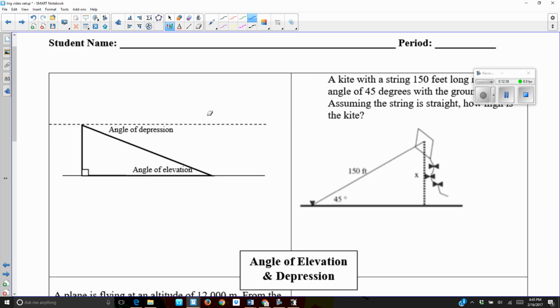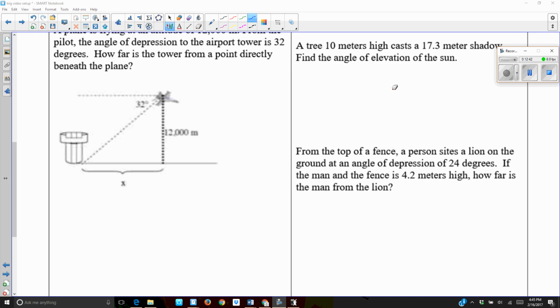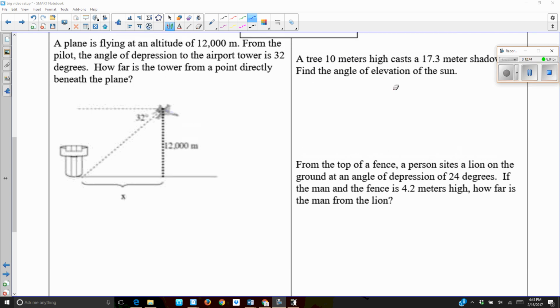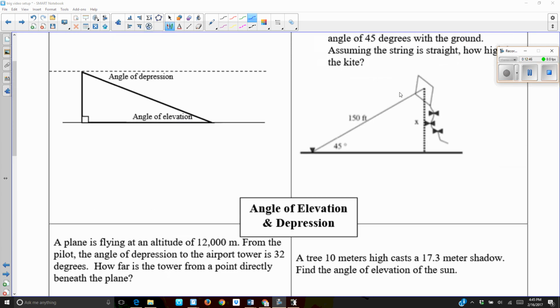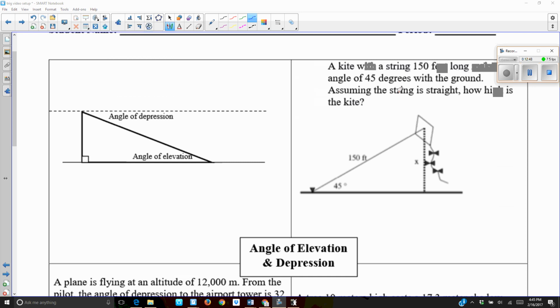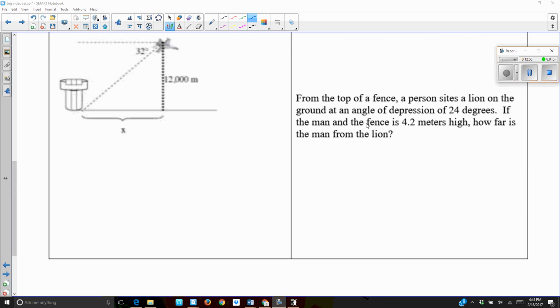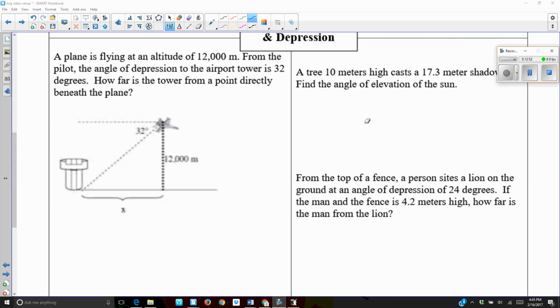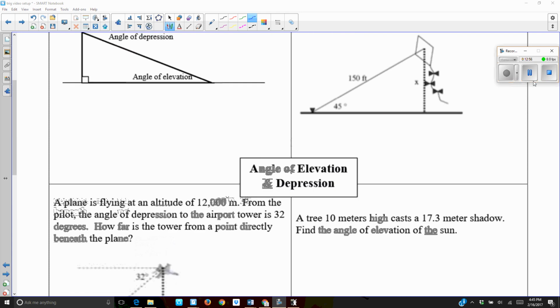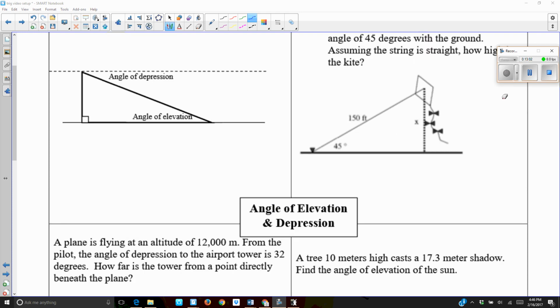All right, so finally, word problems. All right, so a really quick instruction on how to do the word problems.